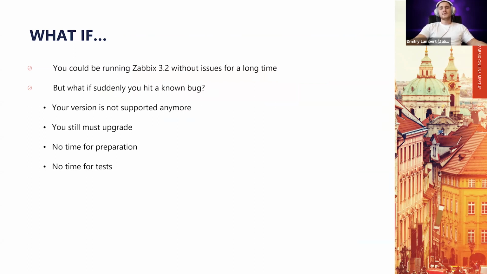It is great, but I'm 100% sure that even in the audience we have here, there are people who are not running Zabbix 5.0, which is the current LTS release. There definitely are people running 4 dot something, even 3 dot something, and even 2 dot something, which is out of support for a very, very long time.